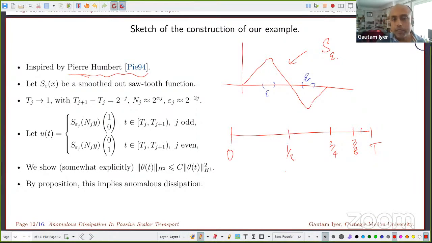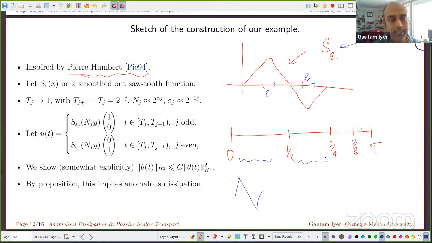And what I do is the following. In the first interval, let's look at a shear flow with the shear profile being S epsilon. So for the first time interval over here, I look at a flow like this. So that's a vertical shear.